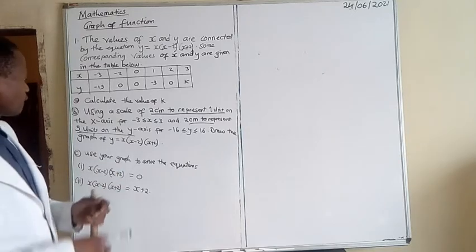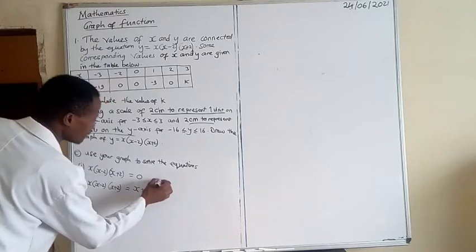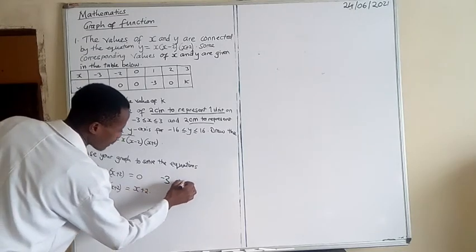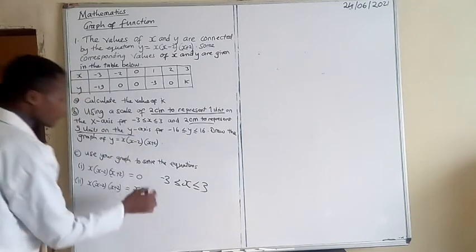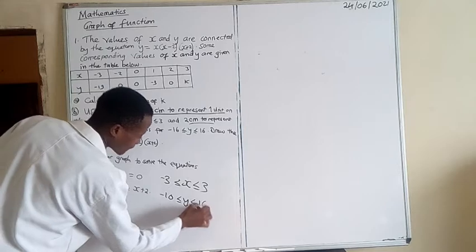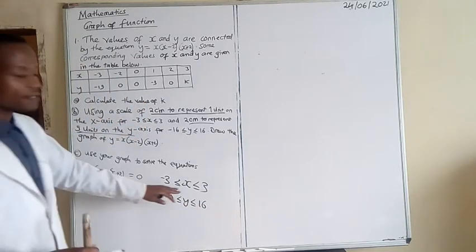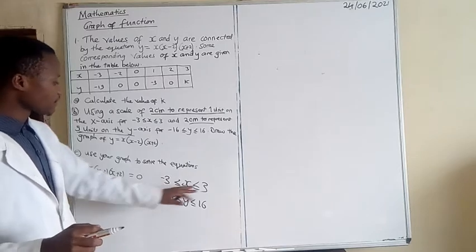We have, for the values of x, the numbers starting from -3 up to 3, while the values of y are starting from -16 up to 16. So that's what this means. It's the scale. So the numbers of x are starting from -3 up to 3.